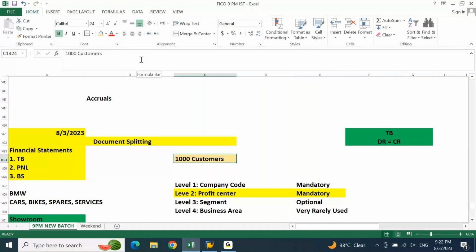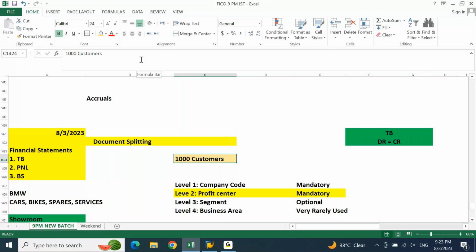To know who they are, I need to go down to subledger accounting, where I get each customer name, each vendor name, what I sold, and what I purchased. Is this breakup required? Yes. This is an accounting requirement from the accounting standard perspective, so no application is an exception to it.